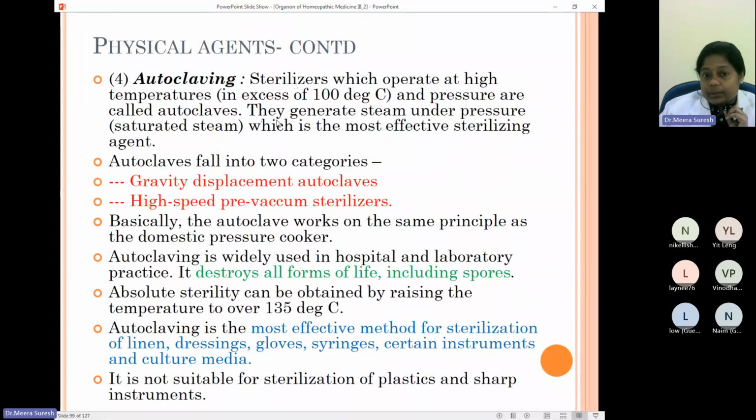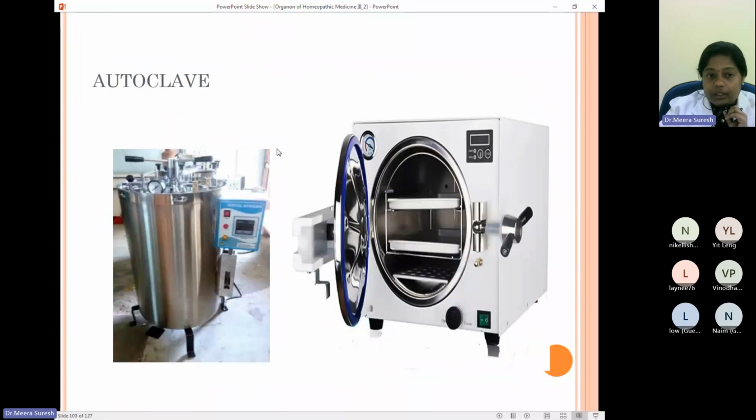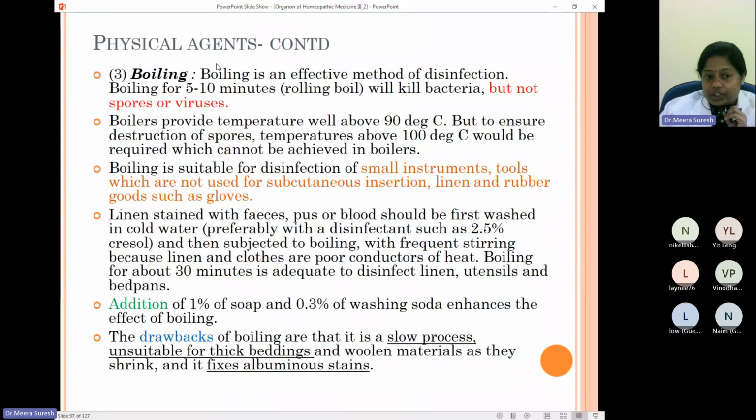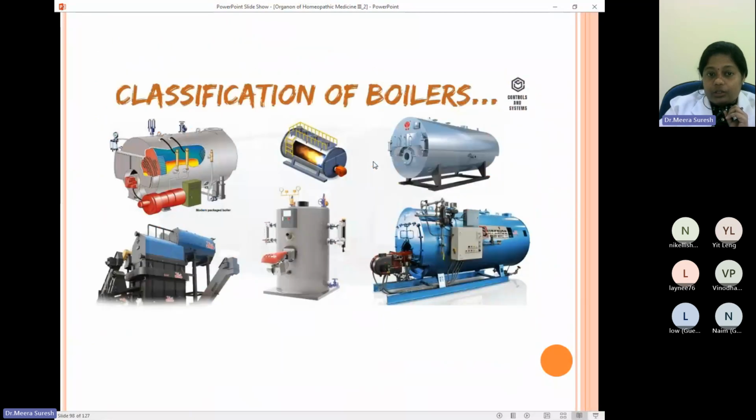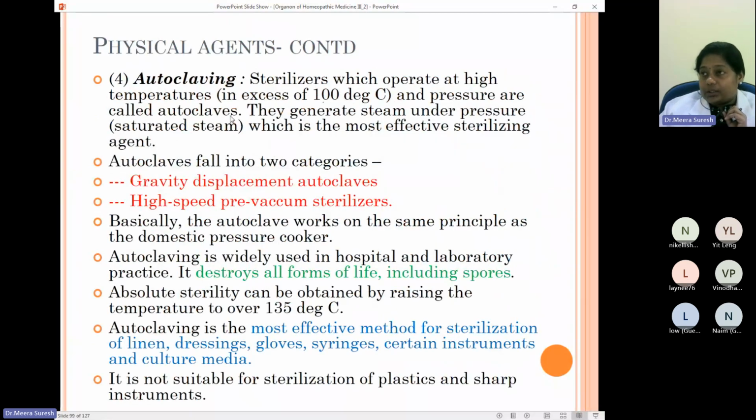They generate steam under pressure, which is the most effective sterilizing agent. Over here, we have said that the temperature should be above 100 degrees Celsius, then only it can destroy the spores. But this is not achieved in boilers. In the case of an autoclave, obviously it can go above 100 degrees Celsius. That is why sterilization, or the destruction of the spores, is happening.